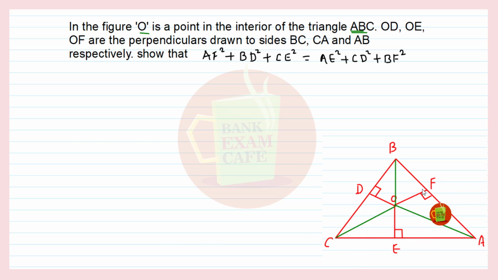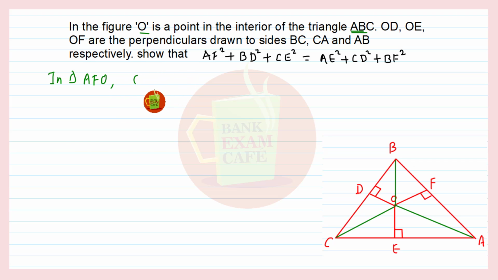Now here you see that in triangle AFO, this is a right angle triangle and so we can apply the Pythagoras theorem. So in this triangle we can write that AO square is equal to AF square plus OF square. In triangle AFO, what we get?